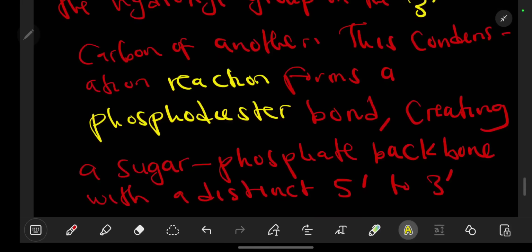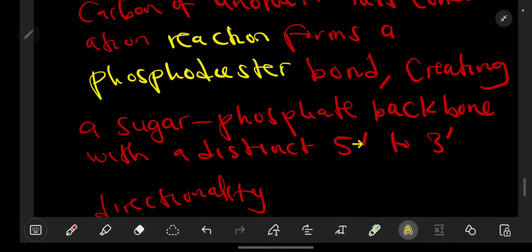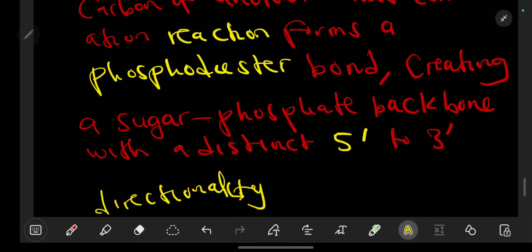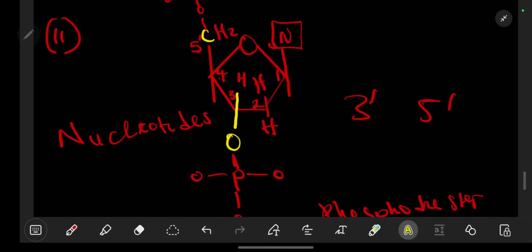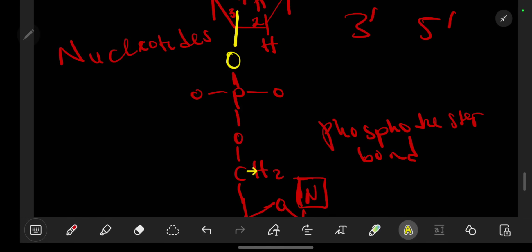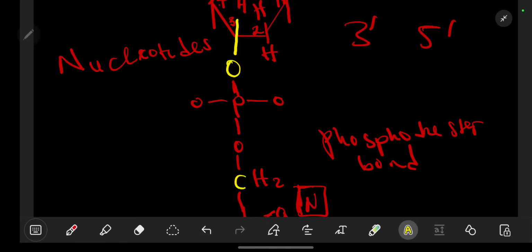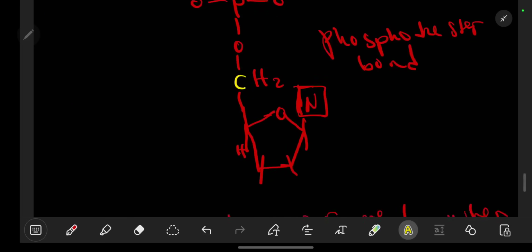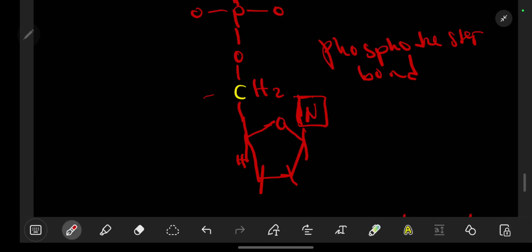So a bond made of phosphates that holds two nucleotides together is a phosphodiester bond, creating a sugar phosphate backbone with a distinct 5' to 3' directionality. If this is 3', this is a 5' here. So that is what we simply mean.